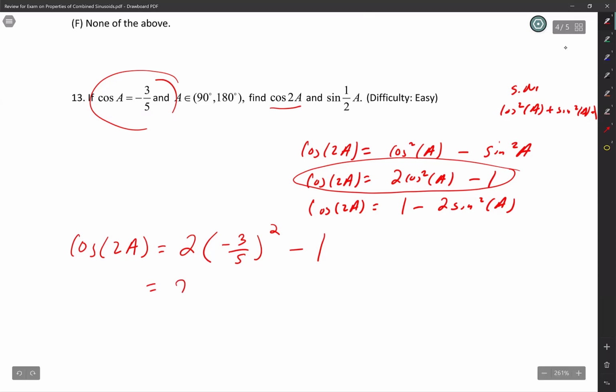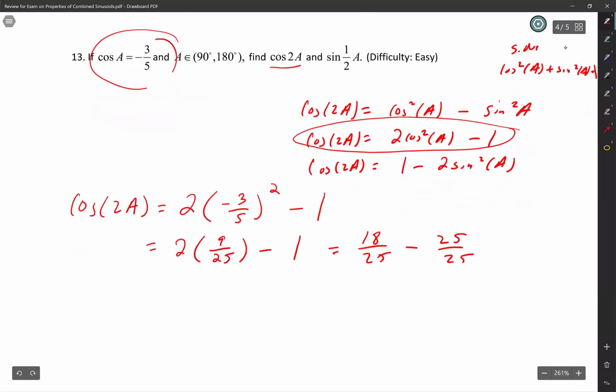So this is 2 times 3 squared is 9, 5 squared is 25, minus 1. Double the 9, that's 18 over 25, and I'm going to turn that 1 into 25 over 25. 18 minus 25 is negative 7 over 25. As you can see, you can do everything without a calculator, guys. Not once did we touch a calculator on this one. And yes, you can do this. It's not just me. I'm not a calculator guru or a number guru. You guys can do the same.